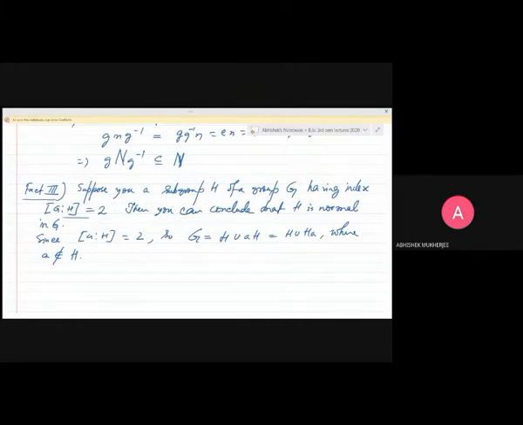And H itself is a left coset or right coset of H in G, so you must consider another left coset or right coset that can be taken as H and Ha. Okay.